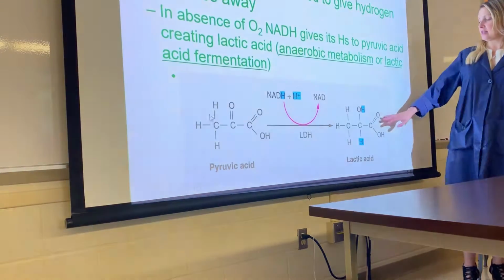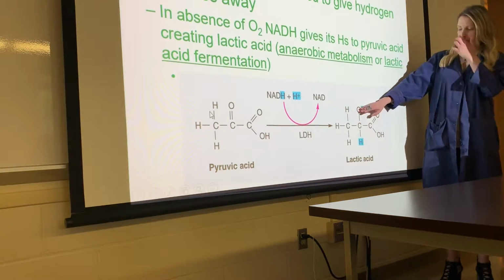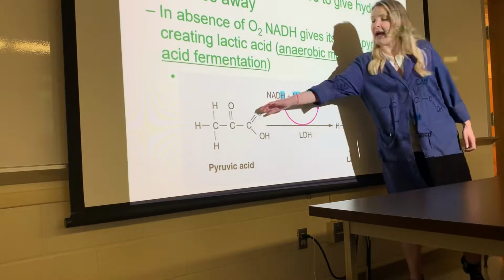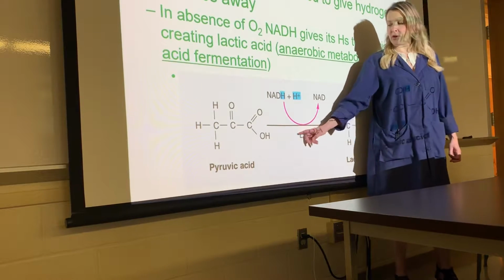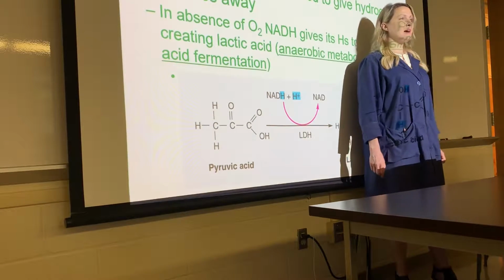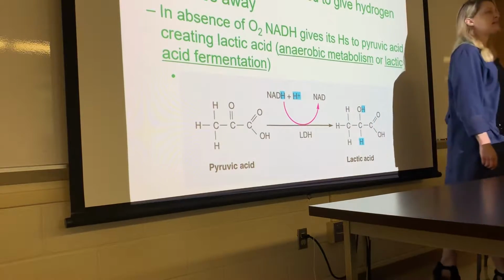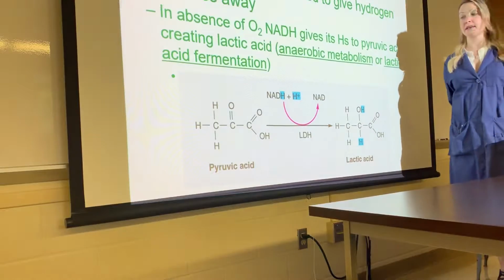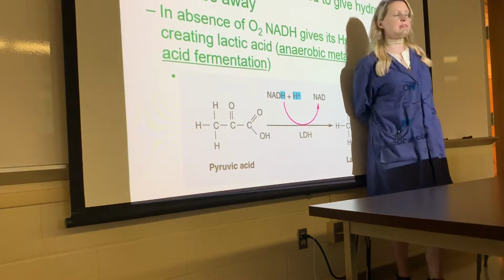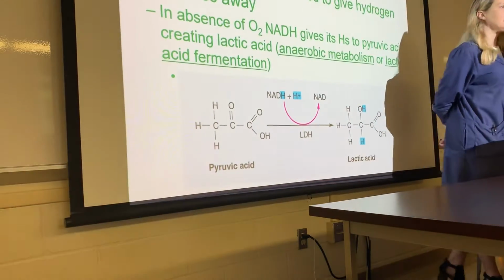So basically in the liver, the lactic acid is going to be converted back to pyruvic acid through an enzyme called lactate dehydrogenase, LDH. This is actually one of your cardiac enzymes too. They look for this in the blood if they think somebody's suffered a heart attack.